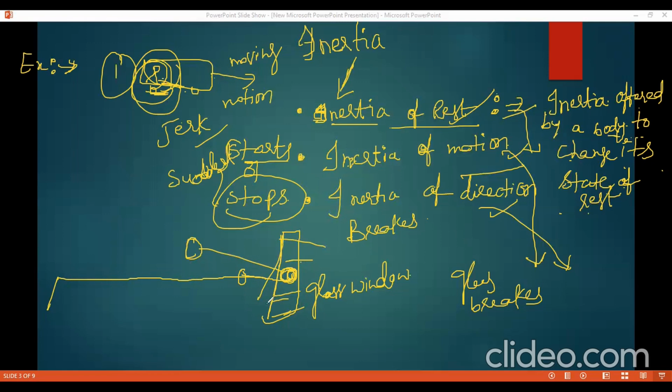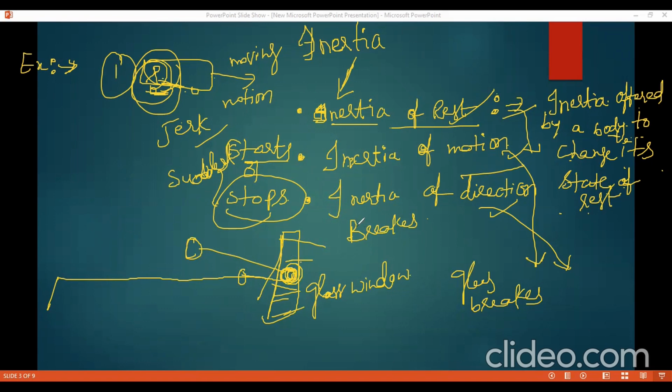The speed of the bullet is very high, due to this large motion, so it creates a hole here. It cuts a clean hole through the glass.